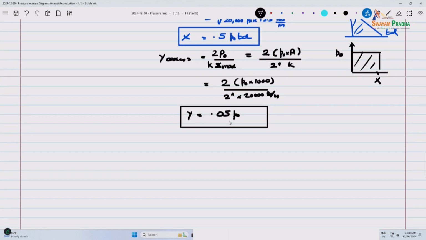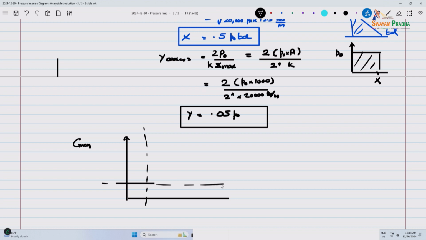So, how do you estimate damage? Let's say you're given a PI curve. You have this cantilever wall, and I'll show you another example of a PI curve. So you have a PI curve that looks like this.